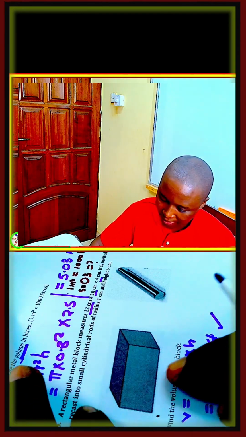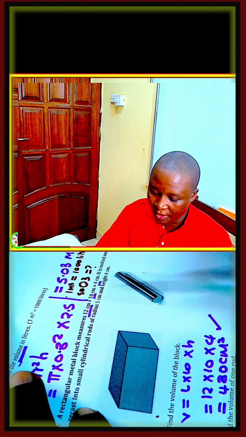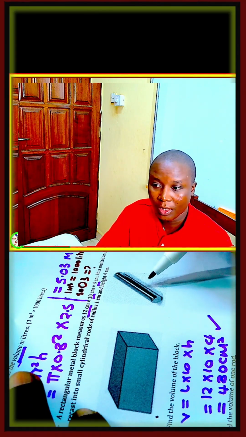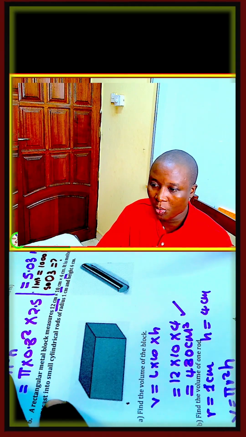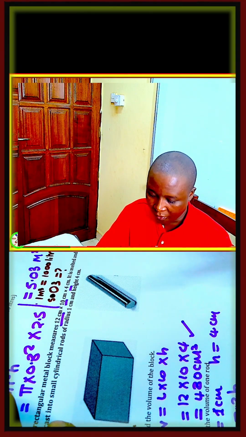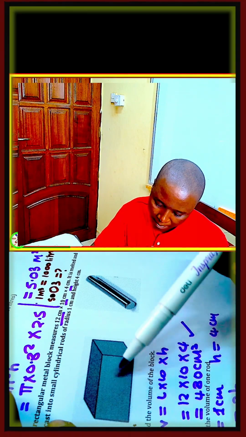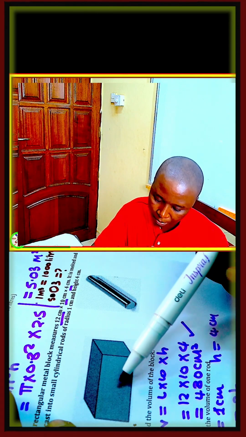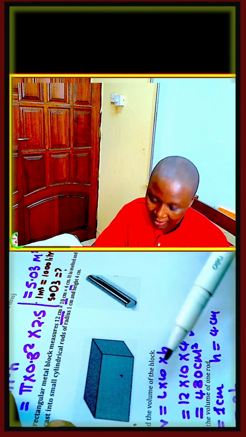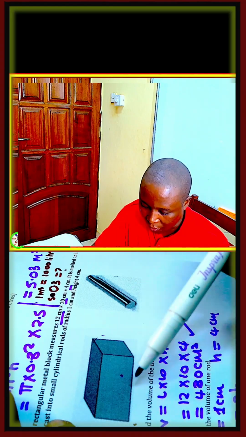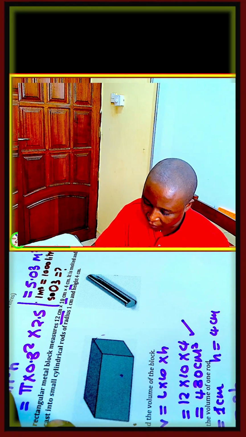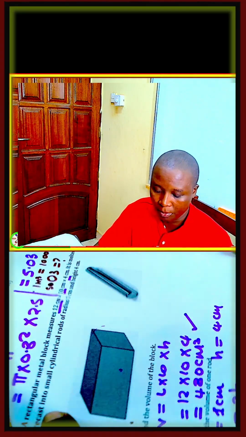Now, how many rods are formed? Because this cuboid was melted to form different rods. In order for us to work out the number of rods that were formed from the melted metallic block, we are going to take the volume of the block divided by the volume of one rod, so that we can get the number.